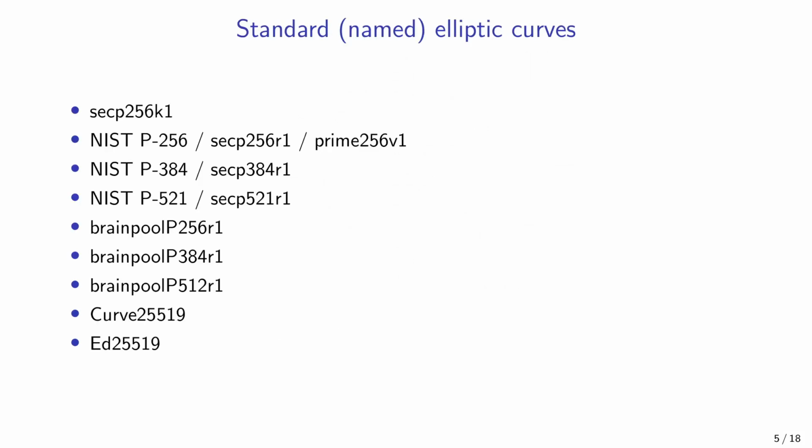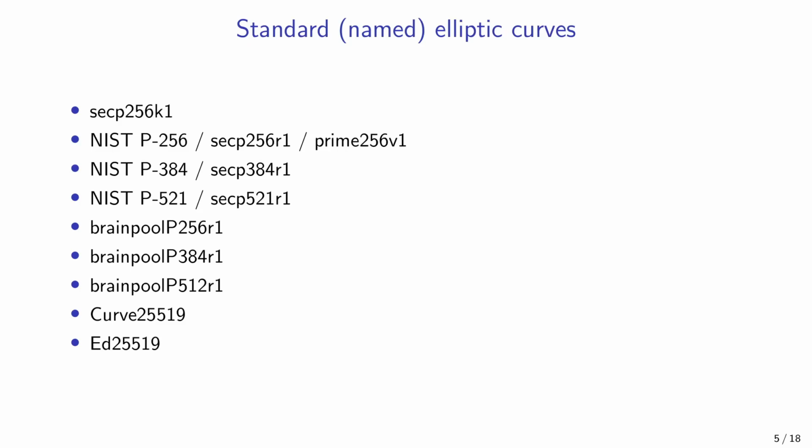Now, here is an incomplete list of standardized or so-called named curves. These are the names of the most popular curves you will see. Some of the curves have been standardized by several standardization institutions, and therefore they have several names. The number in the name usually specifies the bit size of the curve.